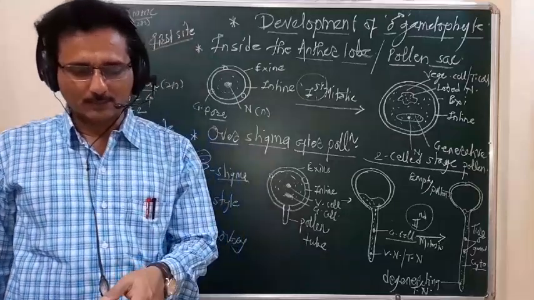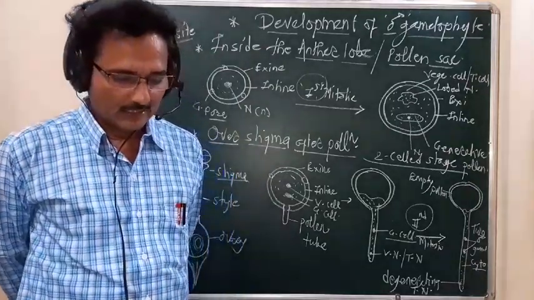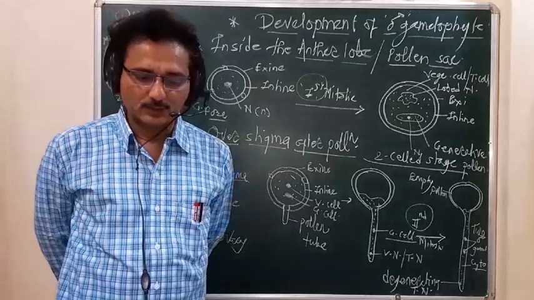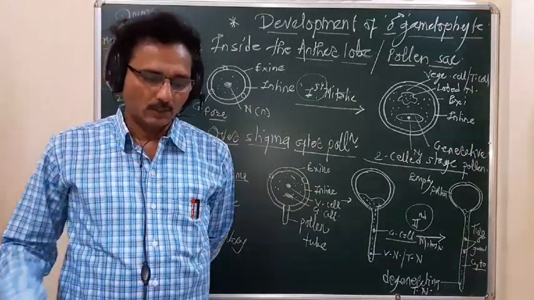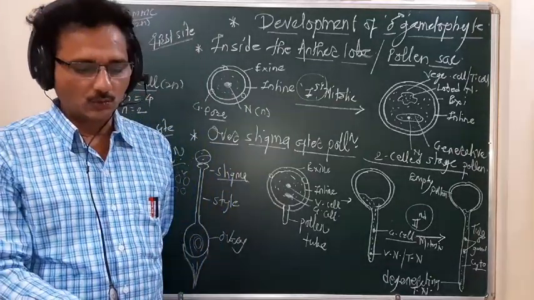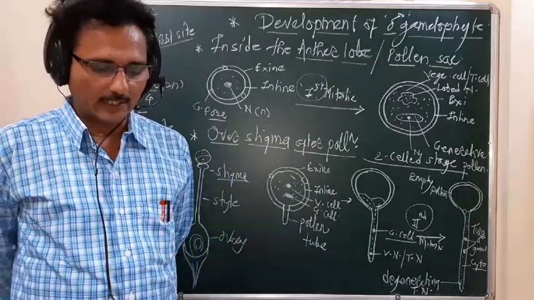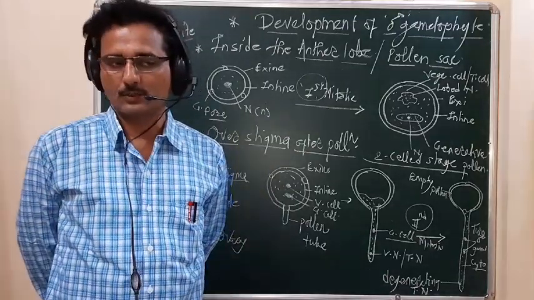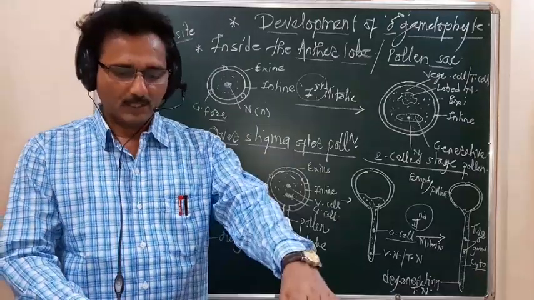See such type of the option given or not. See the options, the 3 mitotic divisions, second option 2 mitotic divisions, third option it is 1 meiotic and 2 mitotic divisions. Okay.